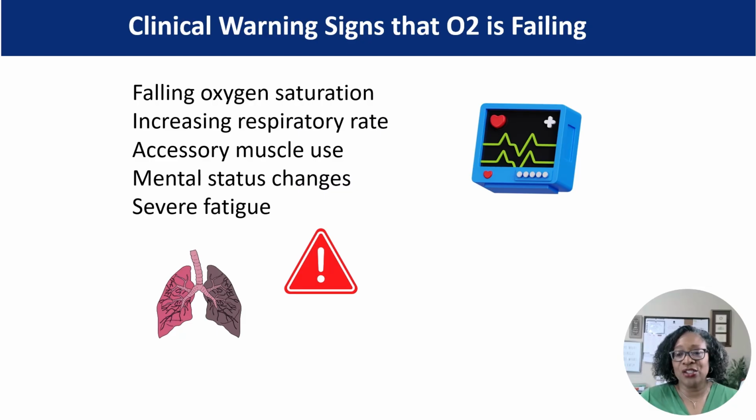These findings suggest that a patient may be progressing towards respiratory failure. When this occurs, escalation is necessary and may include a non-rebreather mask that's giving 90 to almost 100%, BiPAP that's forcing oxygen into the lungs, or mechanical ventilation where the patient is going to have to be intubated.